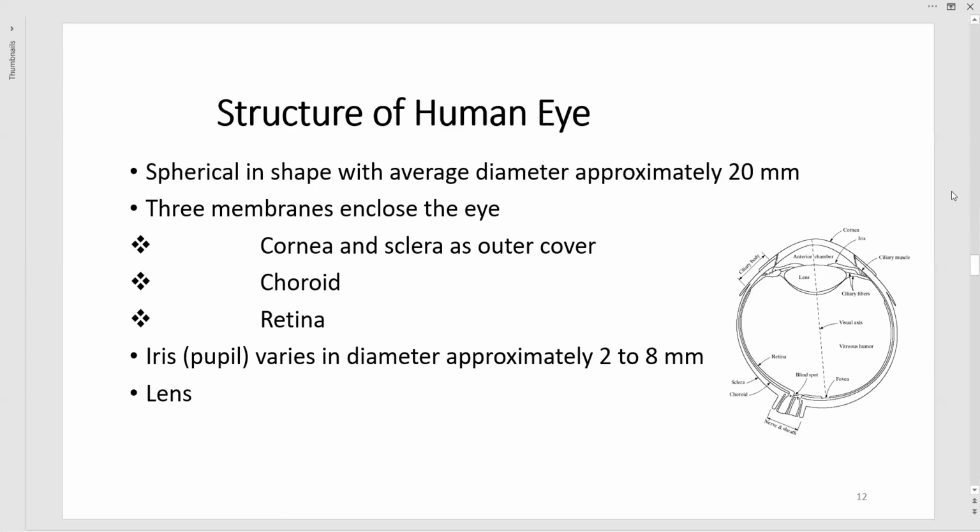Last but not least, one of the important parts in the structure of the human eye is the lens. It is a curved structure; you can see it in the picture there. It bends the light and focuses the light for the retina for the purpose of seeing images easily and clearly.